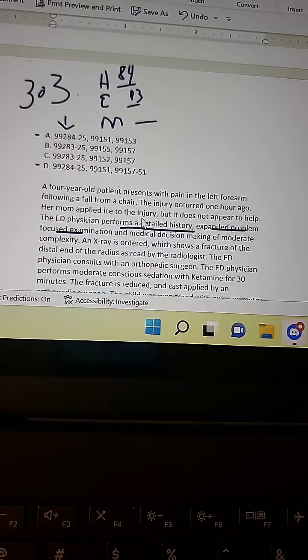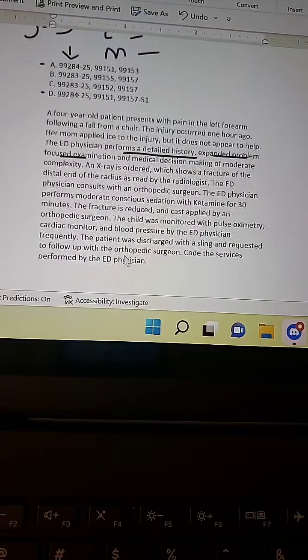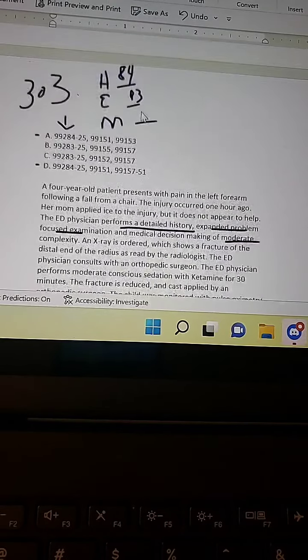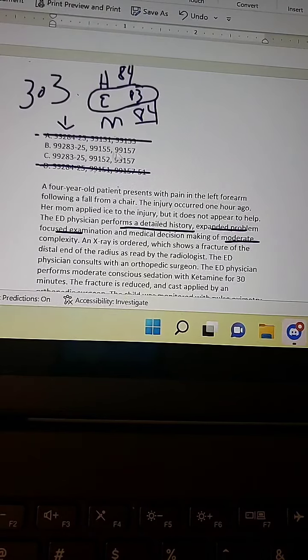And then our MDM, what did we say our MDM was? Moderate. Is that on both of them? It's both 83 and 84, but we can put 84 down here. But we still have to bill our 83 because our exam is super low. So we'll have to get rid of those. It's going to be our 83.